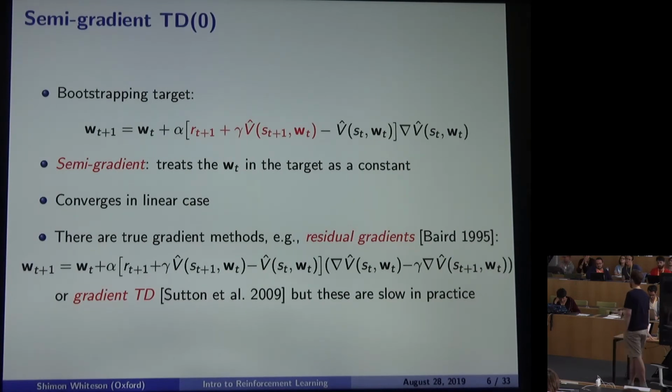Okay, now as we saw yesterday, the downside of Monte Carlo methods is that they're very data inefficient because they don't exploit the Bellman equation. There's no bootstrapping. So what we would like to do now is replace that sample return with something that bootstraps. So we would like to have a function approximation variant of TD0.